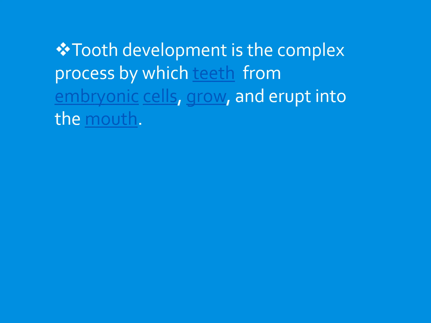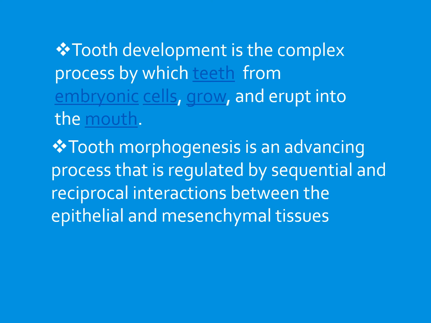Tooth development is the complex process by which teeth from embryonic cells grow and erupt into the mouth. Tooth morphogenesis is an advancing process that is regulated by sequential and reciprocal interaction between the epithelial and mesenchymal tissue.